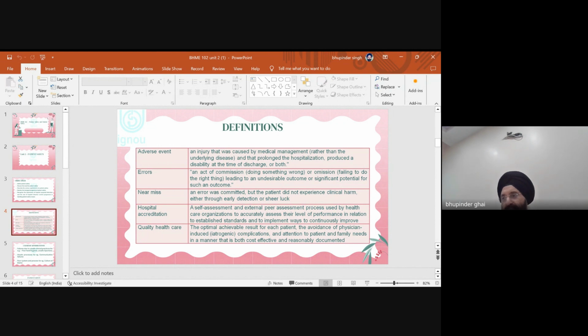That injury will prolong his stay in the hospital, and also at the time of discharge he will have a second condition. The first condition was stricture, but the second condition is injury to the urethra, which has caused his stay in the hospital to be more than intended. And at the time of discharge, he is carrying one more injury. So this is an adverse event.